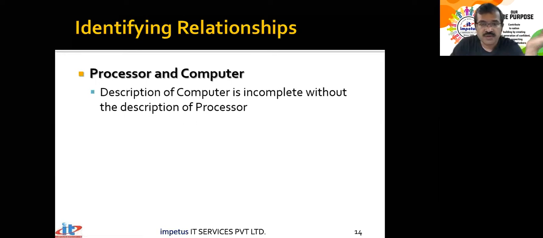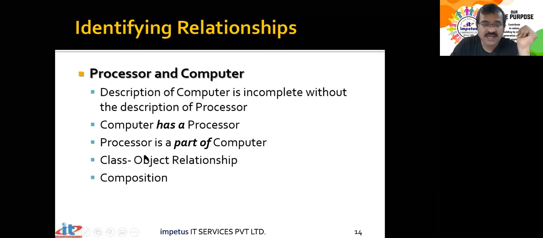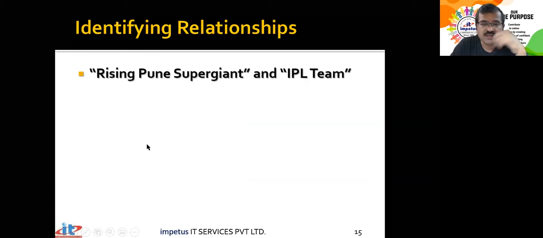You cannot describe a computer when there is no processor inside it. That cannot be called a computer. Computer has a processor. Processor is a part of computer. So whenever there is this part-of or has-a, it's always composition. We just have to figure out how we'll describe it. So computer has a processor, processor is a part of computer. It's a class object relationship, and that's composition. So that answer was perfect. It's composition. How about this?